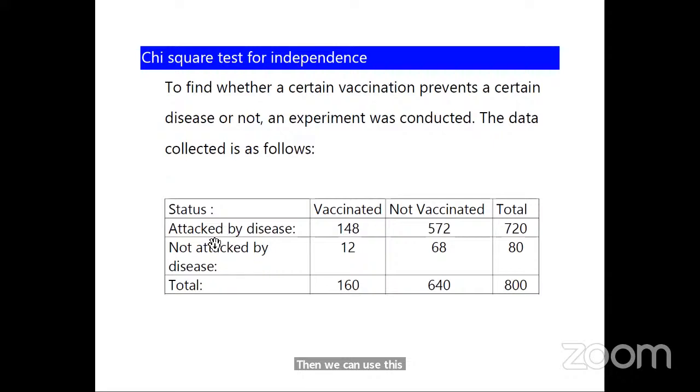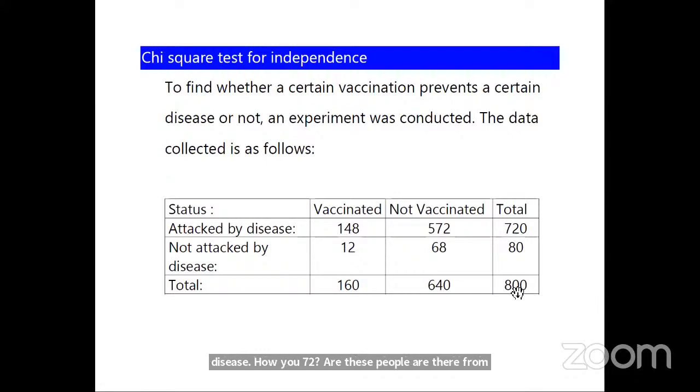Okay, so here the status is taken as vaccinated and attacked by disease. How many people are there? Out of 800, 148 such people are there, right? And those not vaccinated and attacked by the disease, 572 people are there.